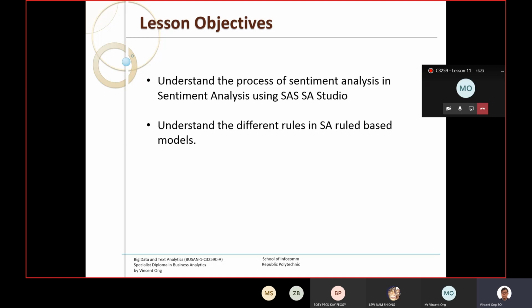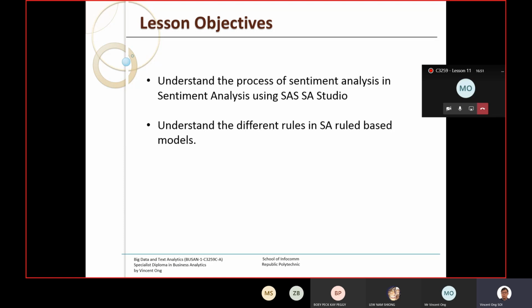One is at the document level. The other one, of course, is at the sentence level. But overall, we also try to determine the sentiments of a general corpus. For example, we receive feedback from customers, maybe 1,000 feedbacks over a period of time.